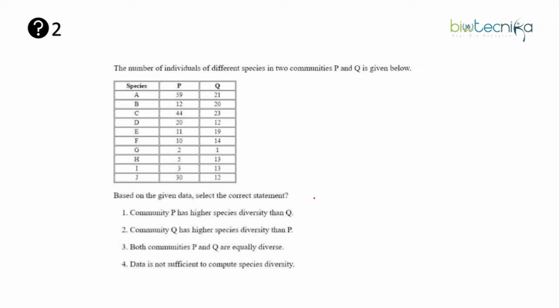Again, for those who are Biotecnika students, we have already discussed these questions. Species diversity, we have done the sums, right? I even have told you the two parameters which define species diversity. So how should you solve this sum?